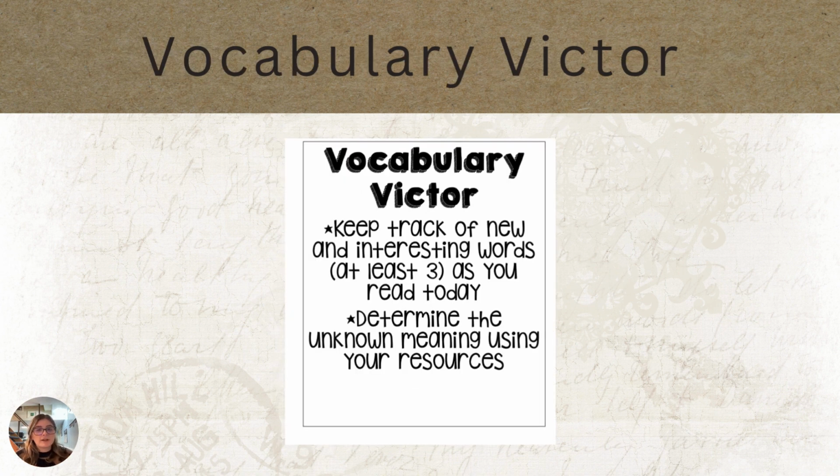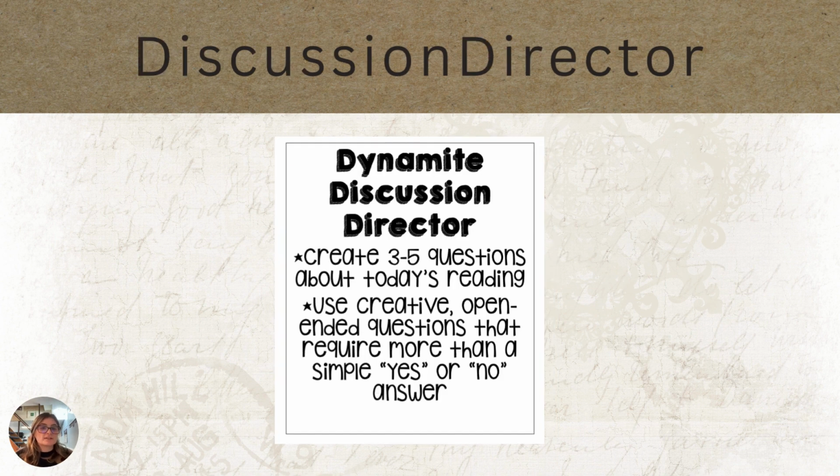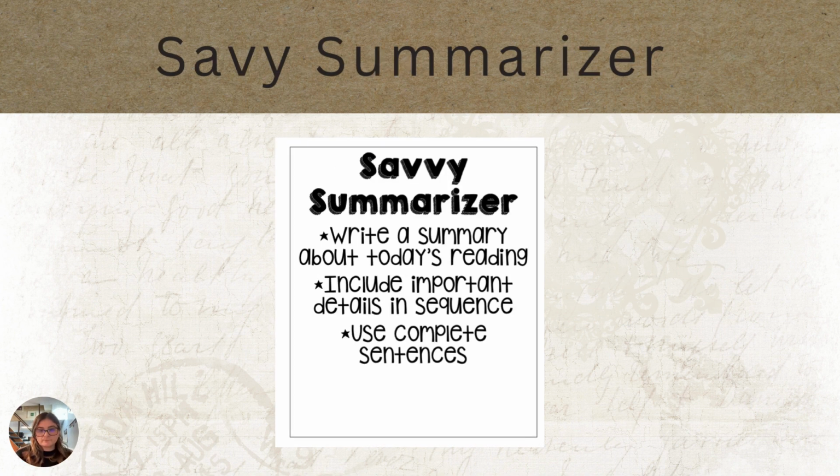The Vocabulary Victor, so you can just give them silly names and get your students more engaged. This is the person that determines a couple unknown words that help the readers understand their reading. And then we have the discussion director, and this person is in charge of making sure the conversations continue to be on point and creating questions about the reading requiring a little bit more than just a yes or no answer.